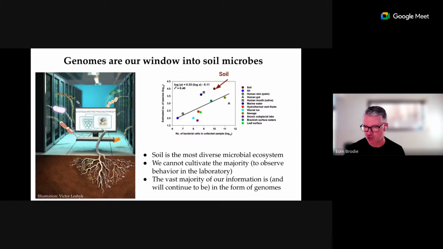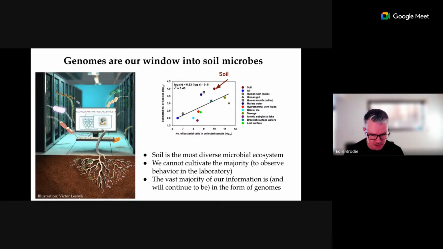Soil is a very heterogeneous environment with lots of niches at the micro scale that's capable of supporting a vast diversity of organisms. So we can't cultivate the majority of these organisms, and the vast majority of our information is in the form of genomes, and that is a complex challenge to be able to solve. The complexity of this data also requires approaches to simplify this and reduce the dimensionality of this data.